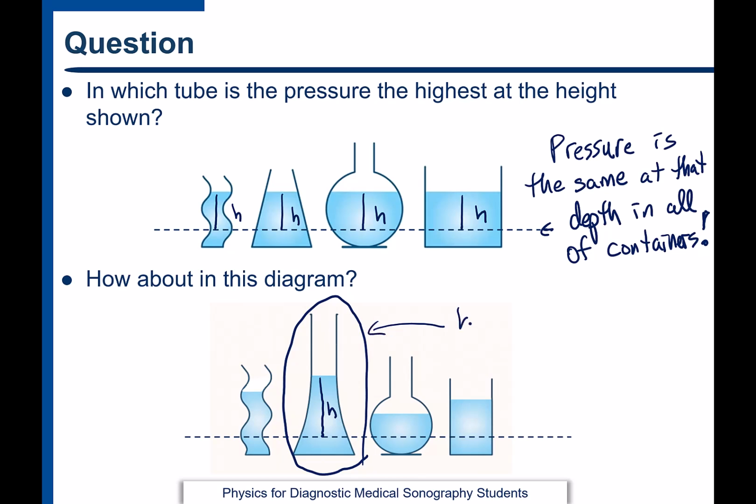And I'll just write highest pressure. And again, remember where that pressure comes from. It just comes from the weight of the water above, and we can say there's more water above. And that's why the pressure is higher.